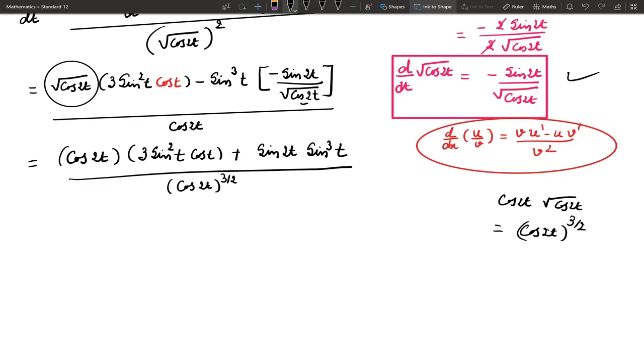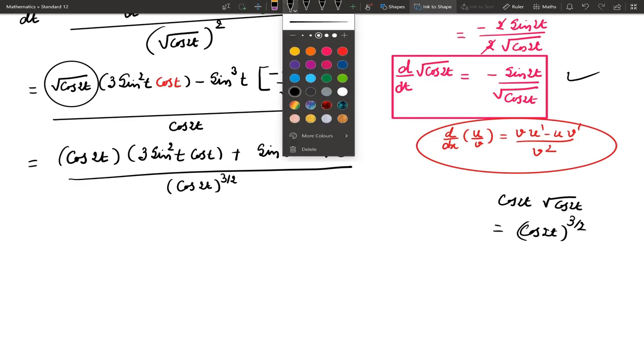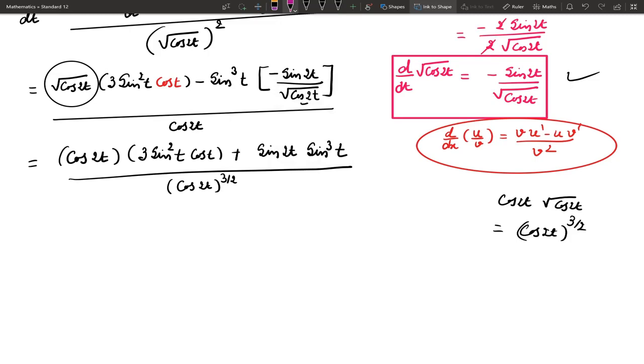Now we obtain dy by dt. Here we put the condition dx by dt not equal to 0.